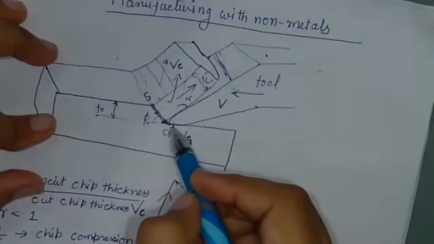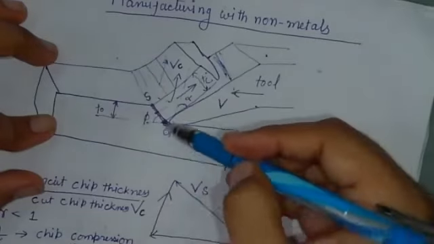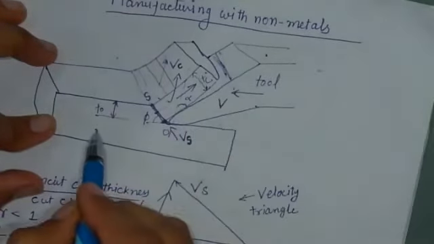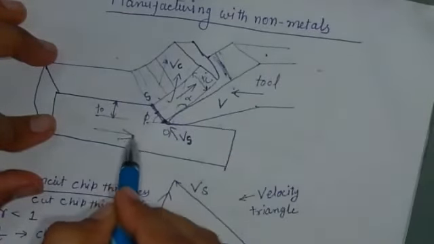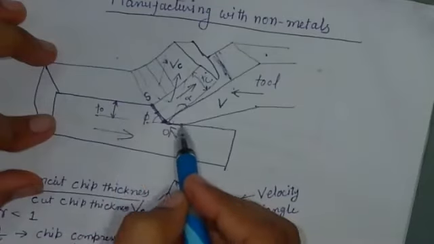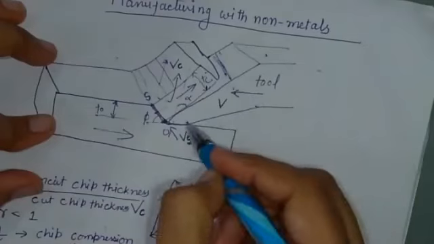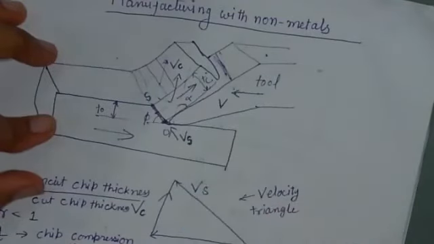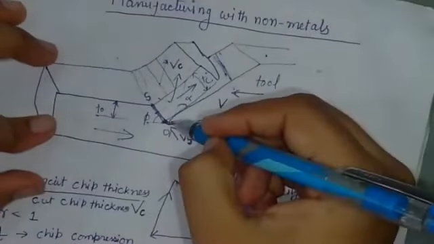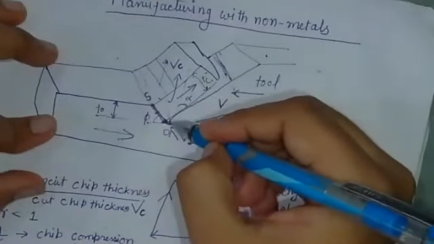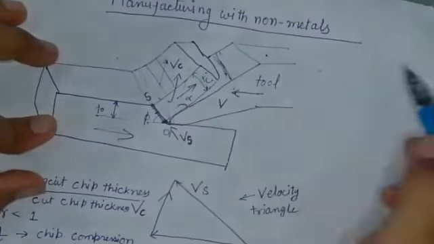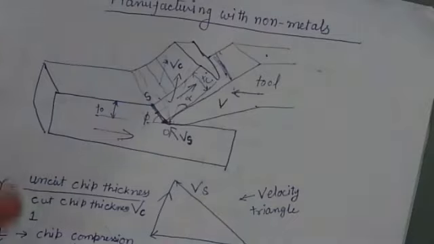Or you can say that the tool is just perpendicular to this movement of the workpiece. Okay. And if the tool is not exactly at a right angle, but it is at some angle, then we say it is oblique cutting.